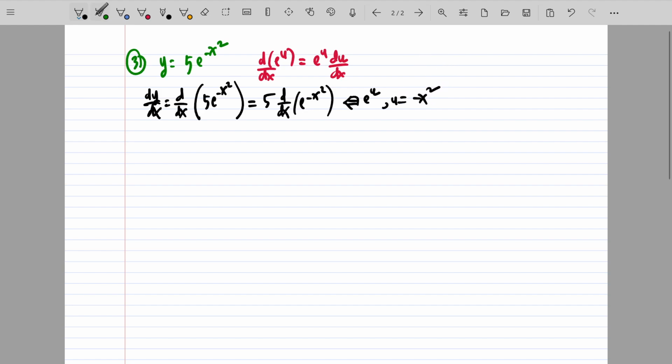By applying the formula for the derivative of e raised to u, we have 5, then e raised to u, just copy it, and then the derivative of u with respect to x. So copy this, e raised to negative x squared, and then the derivative with respect to x of our u, negative x squared. Okay?